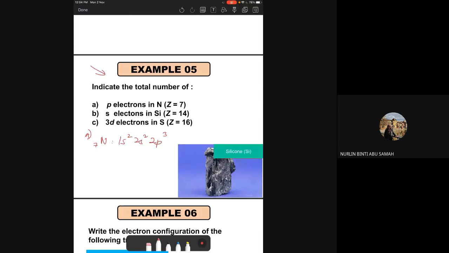Betul tak? Ni untuk nitrogen. Sekarang ni dalam P orbital ada berapa bilangan elektron? So ada 3. Itu jawapan dia. Okay, boleh. Kenapa 6?